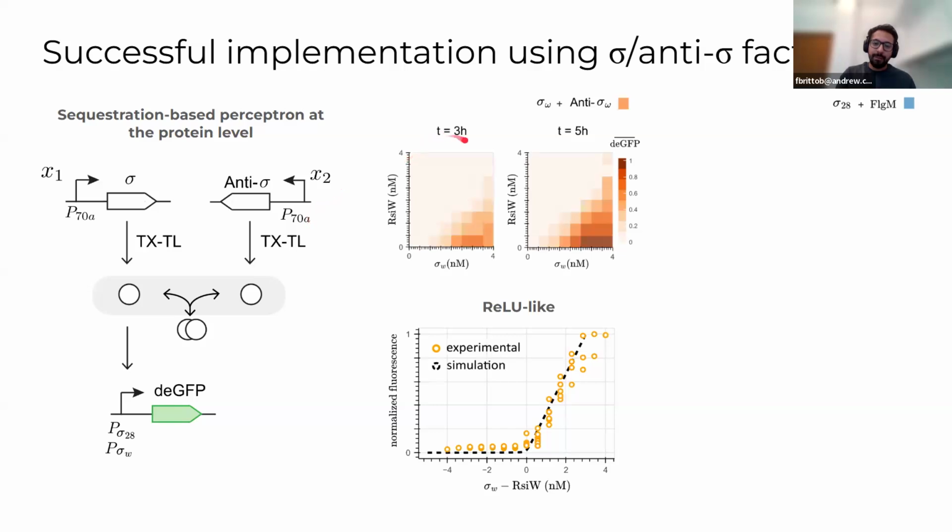Here you can see how the heat map looks at 3 hours, and then at 5 hours. Due to space constraints, I couldn't show the whole time series data that's available in our supplementary material, and I'm happy to show you afterwards in case it's needed. Something important to mention: I am showing you 3 and 5 hours, and not 1 and 6 or 2 and 6. For these experiments, we used a reaction volume of 2 microliters.